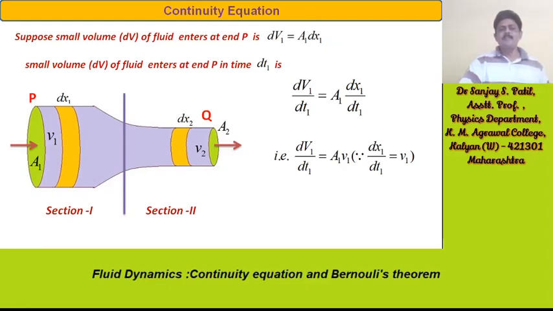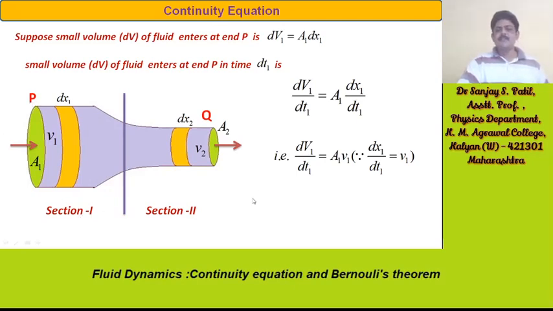Small volume dV of fluid enters at end P in time dt1, so dV1 by dt1 is equal to A1 into dx1 by dt1. That is dV1 by dt1 is equal to A1 V1, since dx1 by dt1 is equal to V1, that is the speed of fluid molecules when that fluid enters into the end P in section 1.